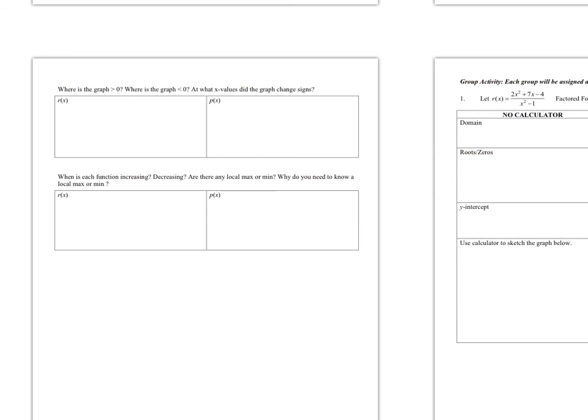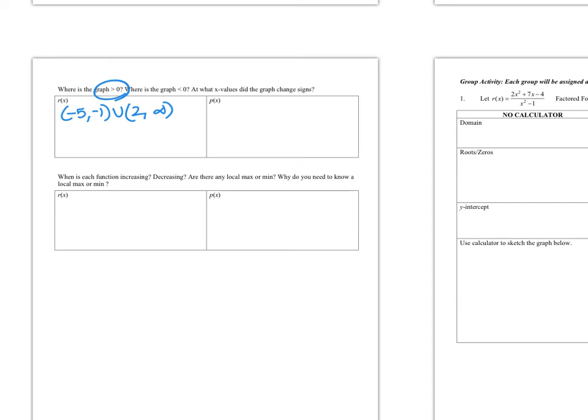Okay, last part of today is just talking about where the graph is greater than 0 and less than 0. So if you look at r of x, you have sections where it's above and below, okay? It's greater than 0 from -5 until it reaches -1, and then it's greater than 0 from 2 to infinity.